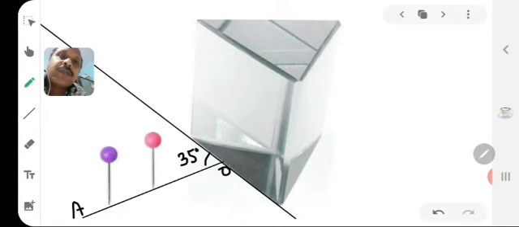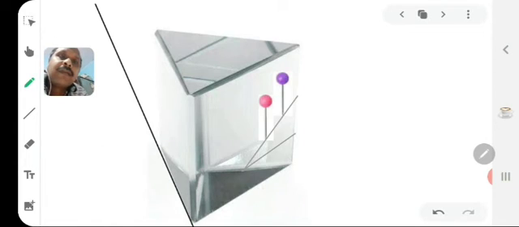This is how both the pins have been placed, and we have to observe its image from the other side of the prism. Let's see how it looks. Now, when observed from the other side of the prism, these two pins appear somewhat like this. Okay, this is actually the image of both the pins.